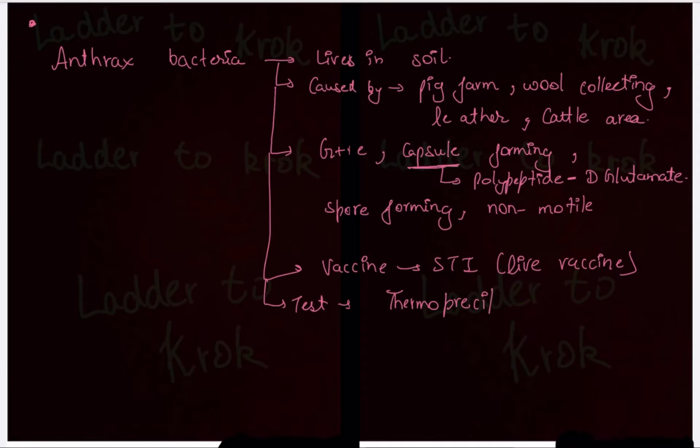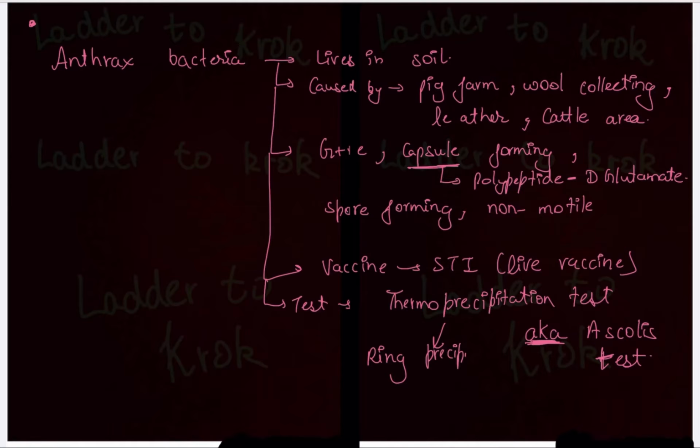And the test we usually perform for this anthrax is the thermoprecipitation test. Okay, this thermoprecipitation test is also known as, AKA means also known as, Ascoli's test. AKA is a mnemonic that I usually use, like a short form. And in this thermoprecipitation test, ring precipitation is used.